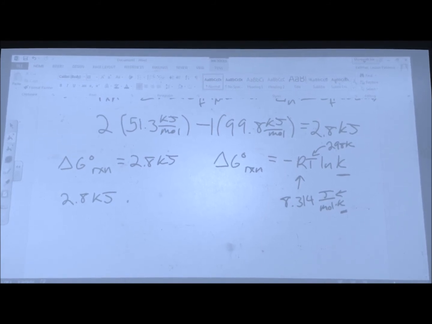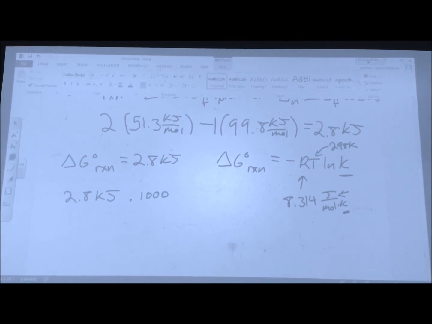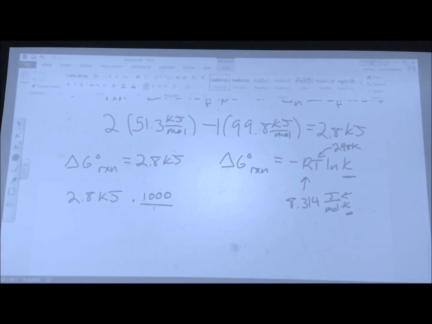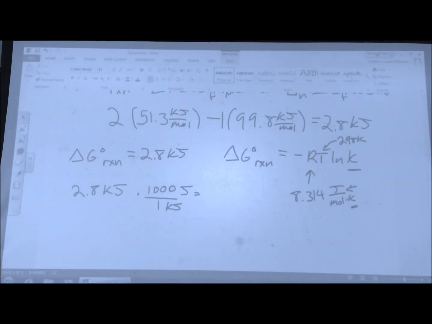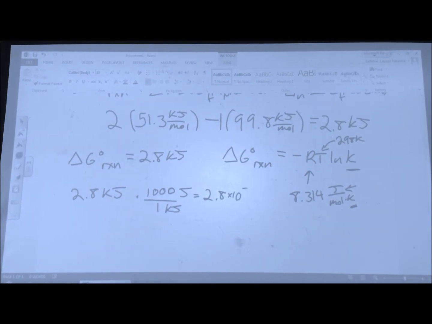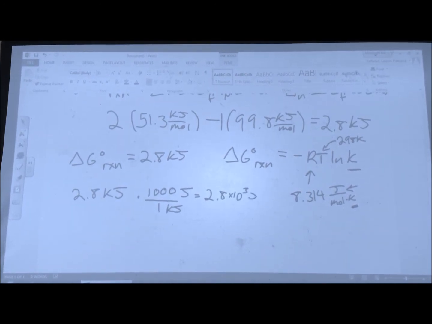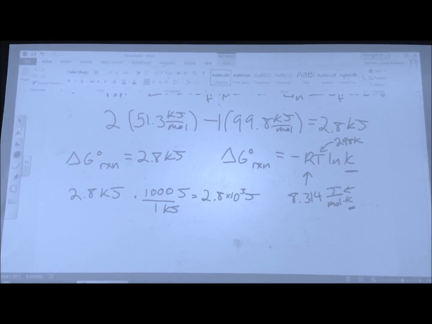So all we have to do is multiply by 1,000. And that gives us 2.8 times 10 to the 3 joules.